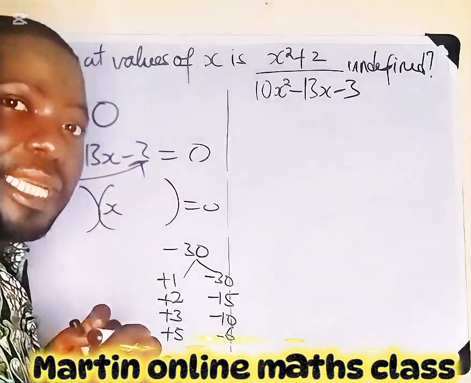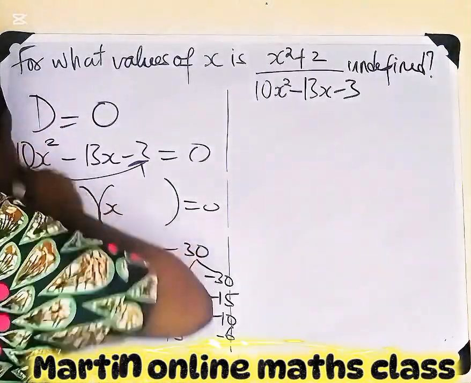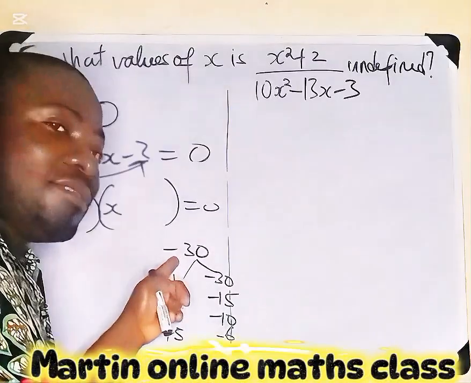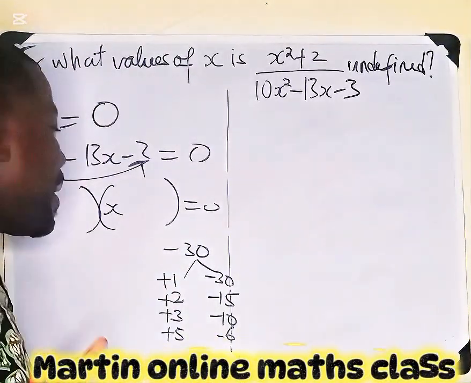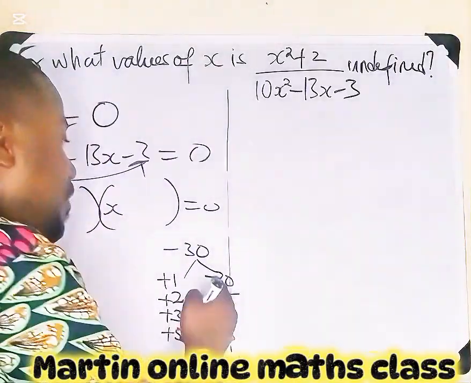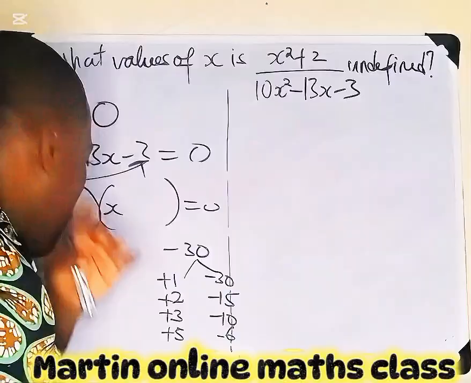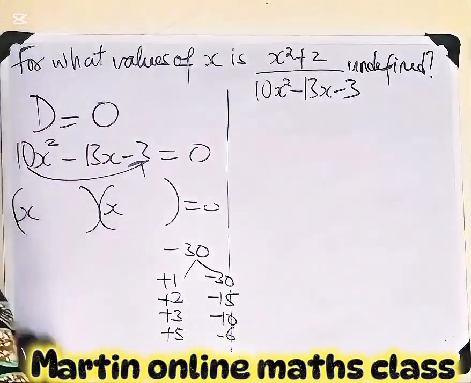Please get this rule. When the product of the first and last term is negative and the middle term is negative, it implies when you obtain all the factors, the bigger factors will be negative, while the smaller factors will be positive.